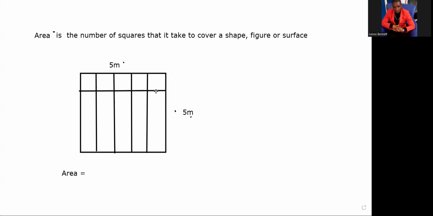1, 2, 3, 4, 5. So let's count to see how many squares it took to cover the surface.